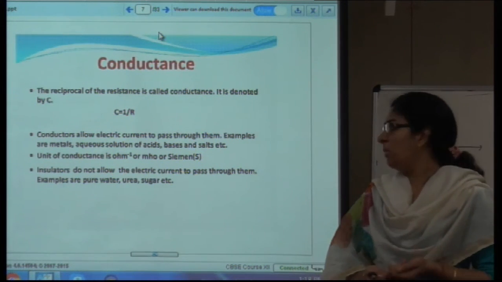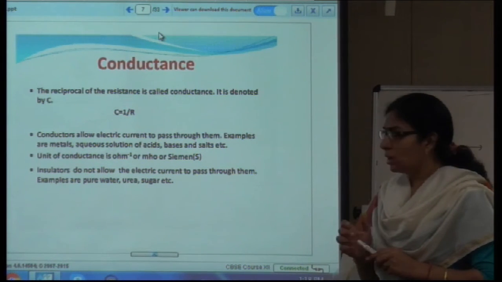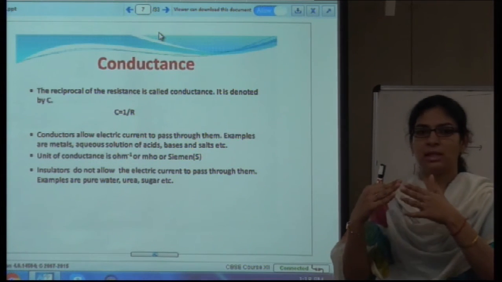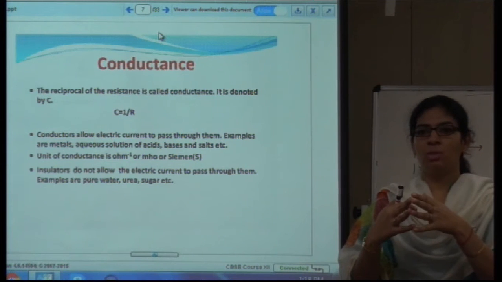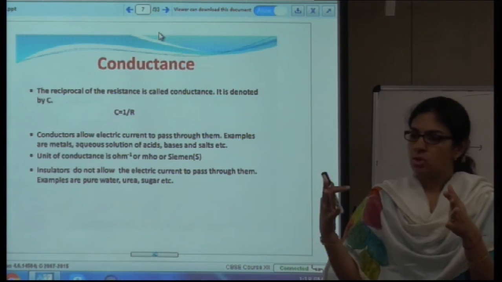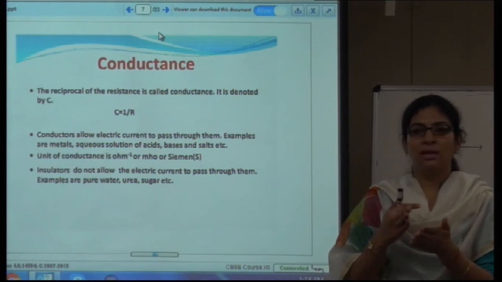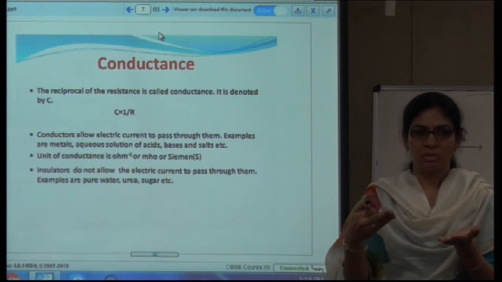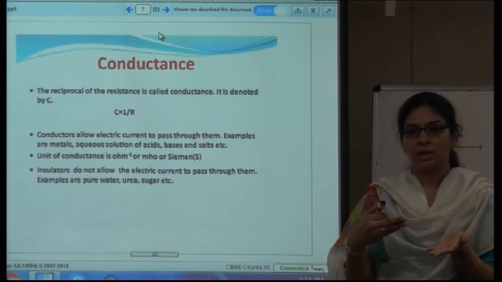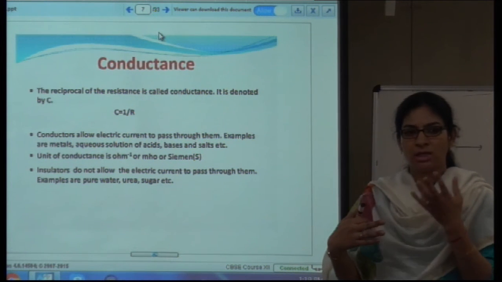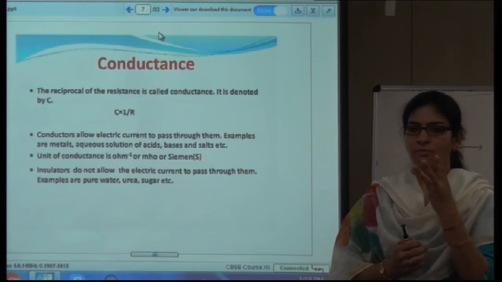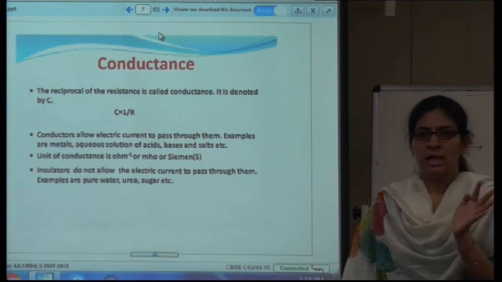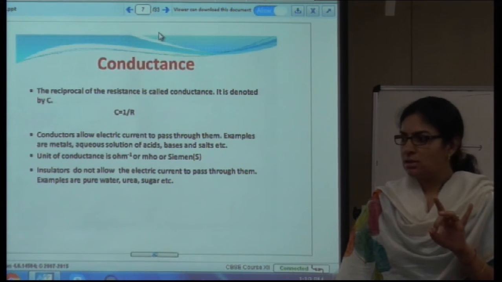So C is 1 by R. We are talking about materials which can conduct electricity, and there are materials which conduct electricity to different extents. Based on their conductance value, they are divided into mainly three types: conductors, semiconductors and insulators.